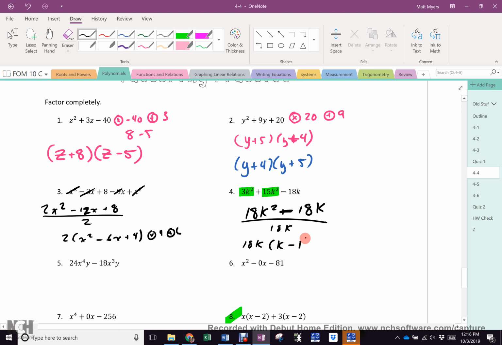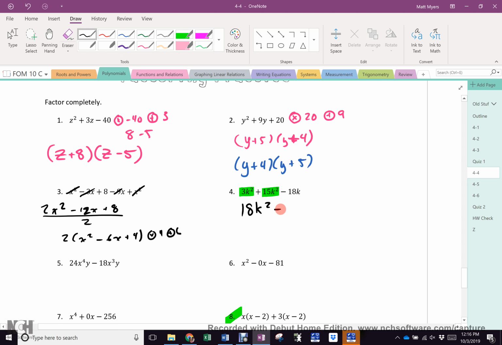K minus 1. Wait, what? It's GCF factoring. What do you see there and there? What do you see there and there? Right. I got 18 of them, don't I?